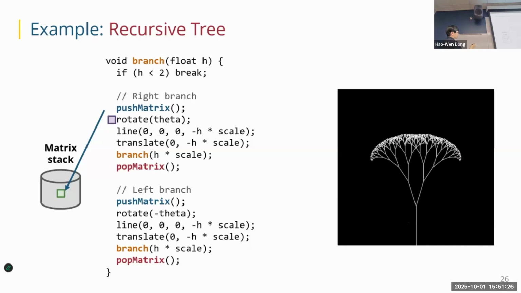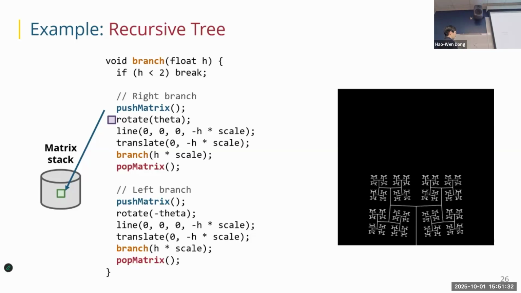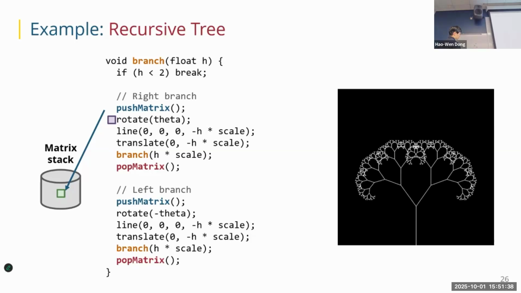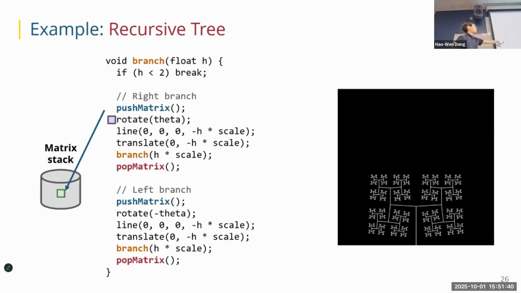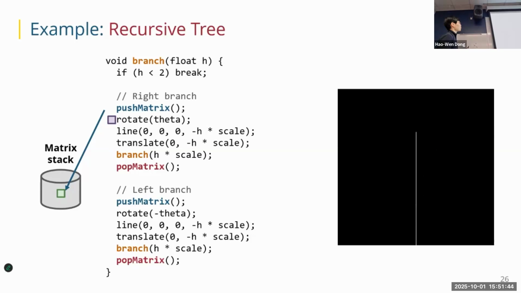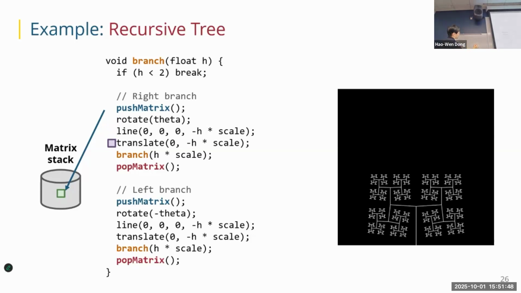So, at some point, imagine that you are at this branch. So this would be your current axis, something like this. So now you store this matrix to the matrix stack, this green thing. And then now you start working with this thing. You want to rotate theta because you want to grow the other.